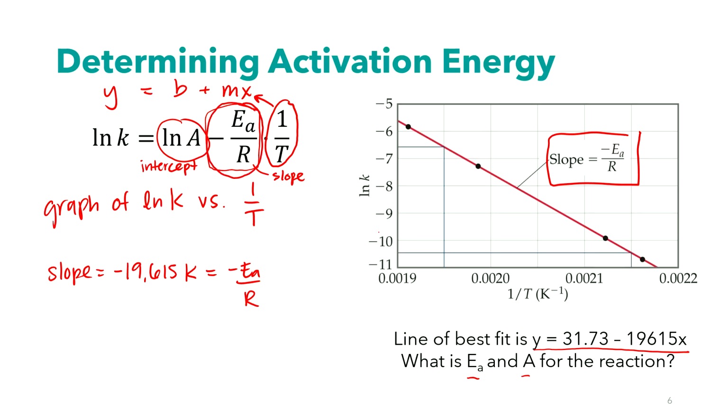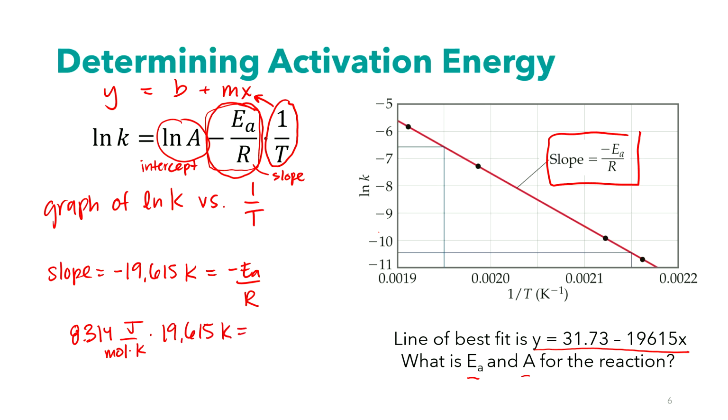And again, I want to know what the activation energy is. That's a fundamental feature of this reaction. I want to know it. So I'm going to solve for it just by multiplying each side by negative R. All right, my negatives will cancel, so I'll have R, which is 8.314 joules per mole Kelvin, times 19,615 Kelvin.